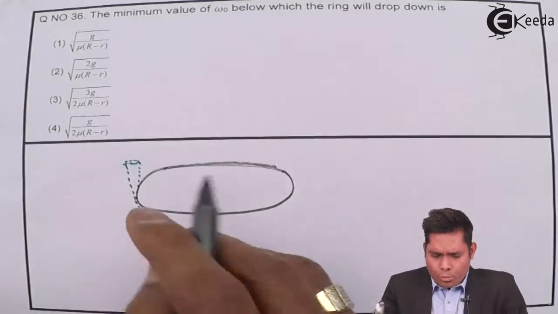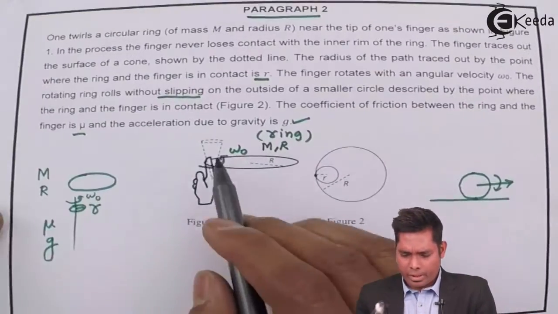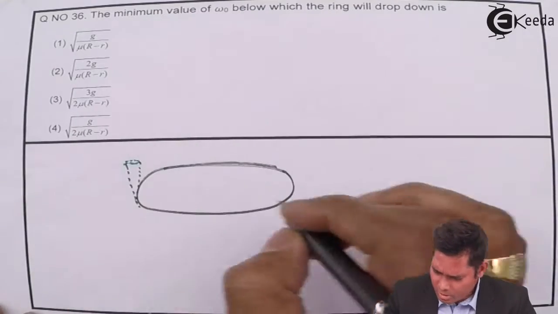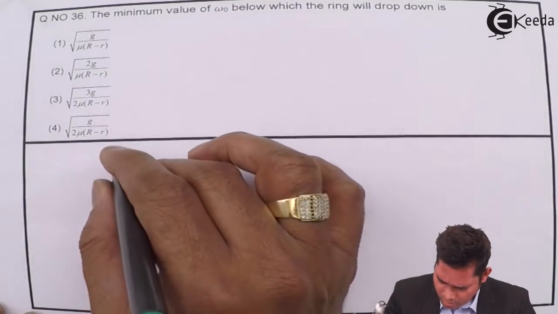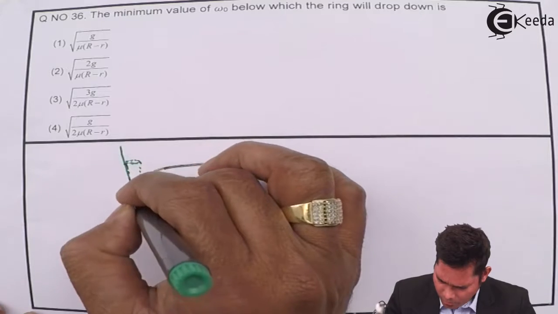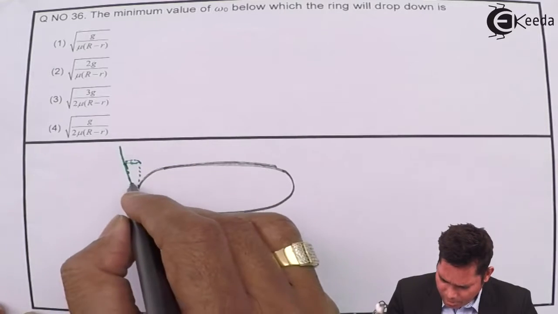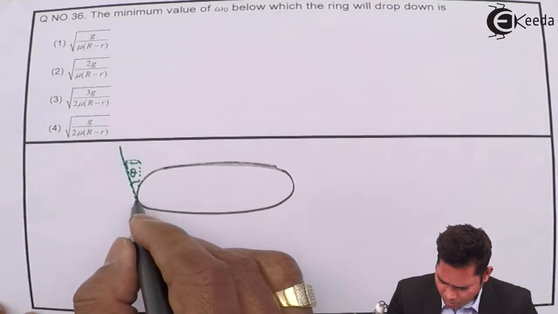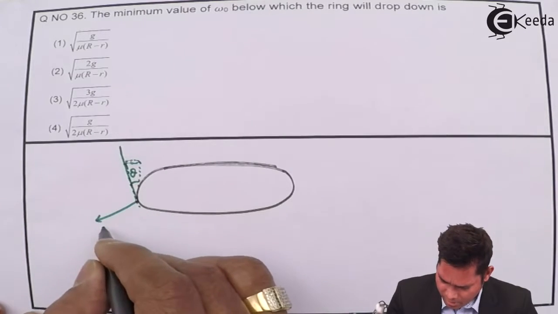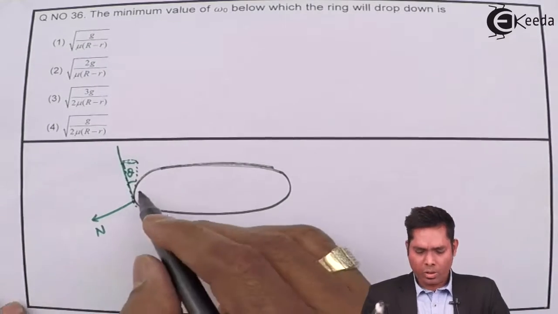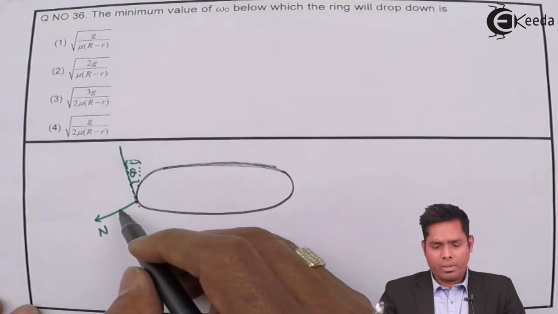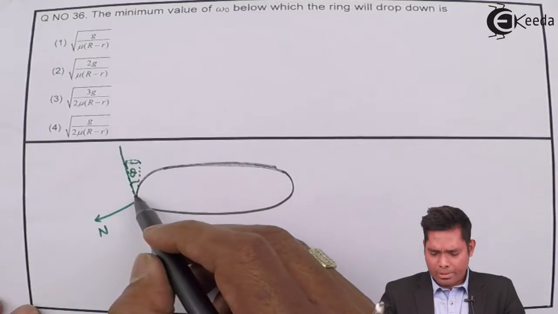So if you just remember the diagram over here, this one, this line, suppose this angle is theta, and the normal reaction will be on this side, the normal reaction on the ring. This is the normal reaction, and it will have components.